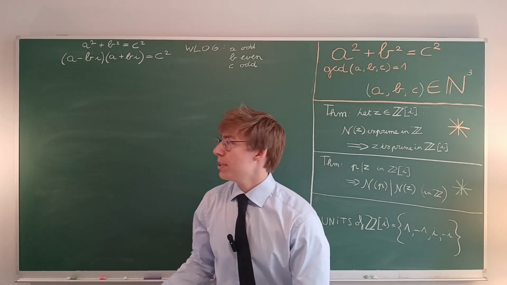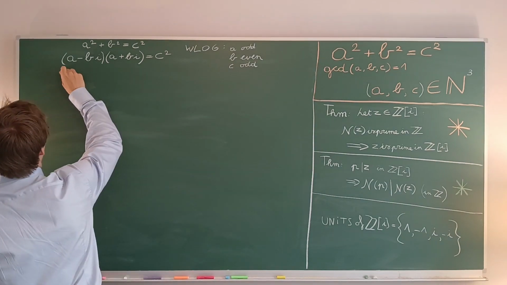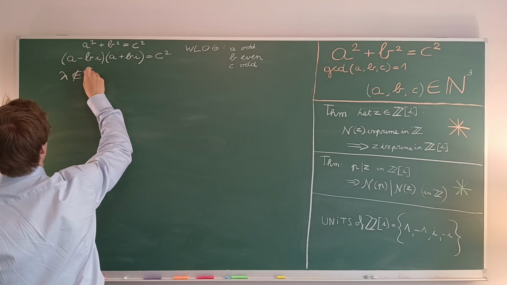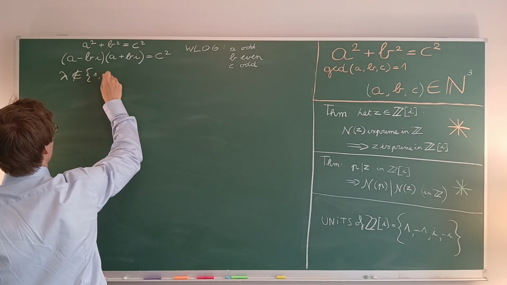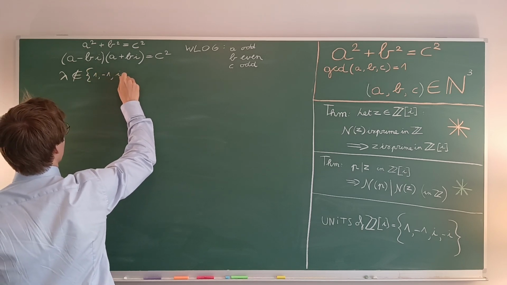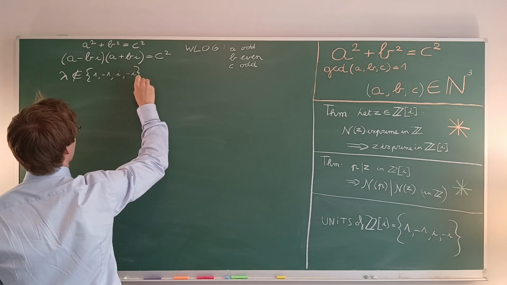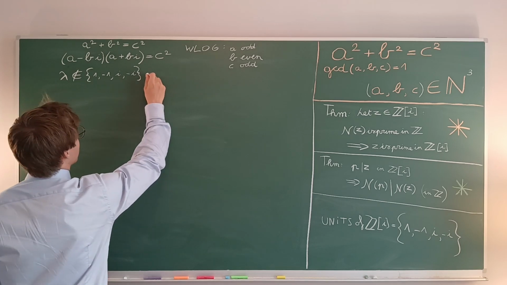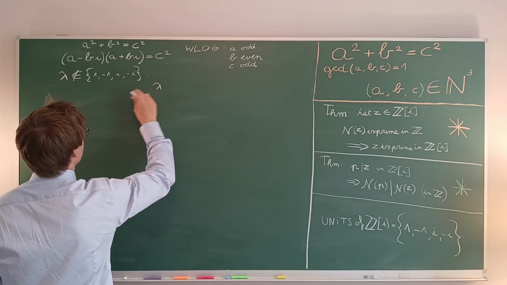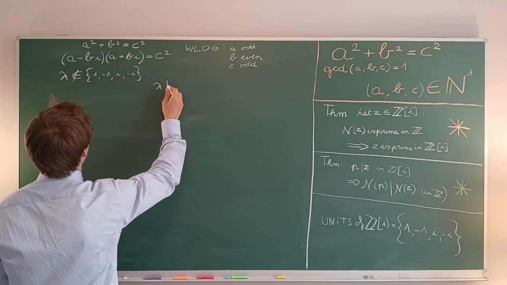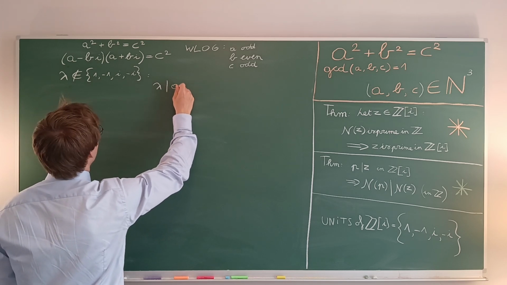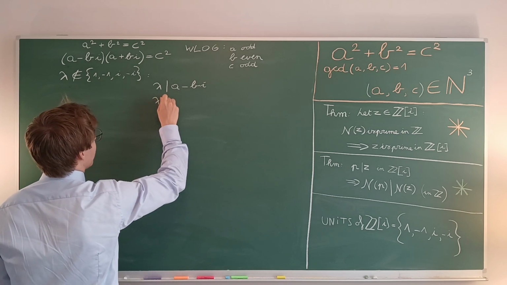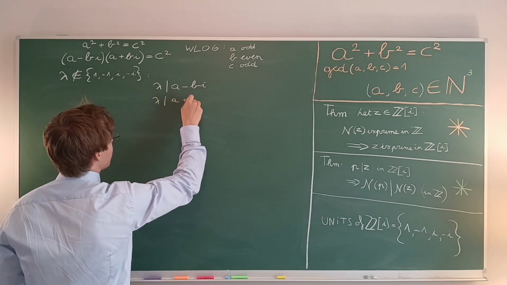And now let's assume that some lambda, which is not a unit, divides both these factors. So lambda is a prime that factors a minus bi and a plus bi.